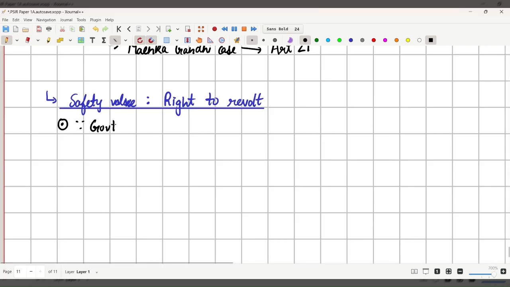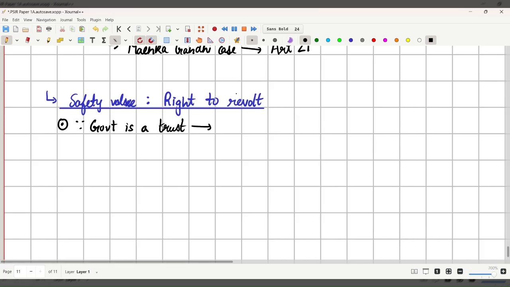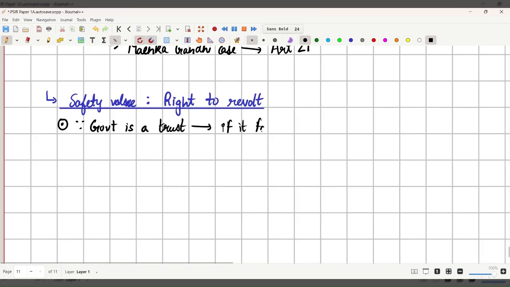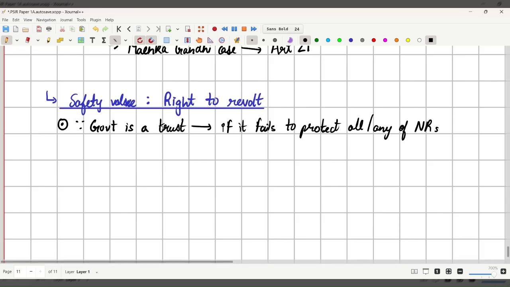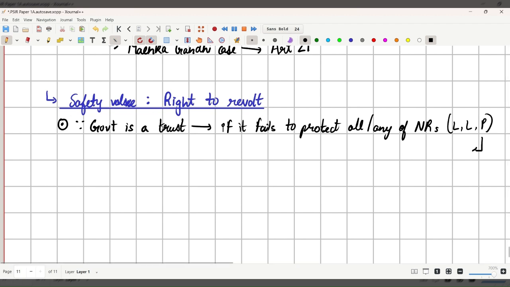Since government is a trust, if it fails to protect all or any of the natural rights, that is right to life, liberty and property, or becomes tyrannical, it violates the trust.